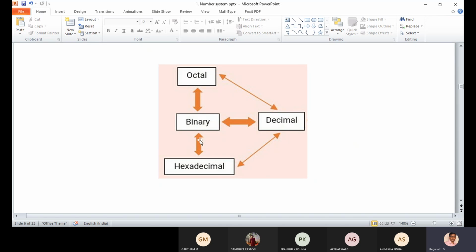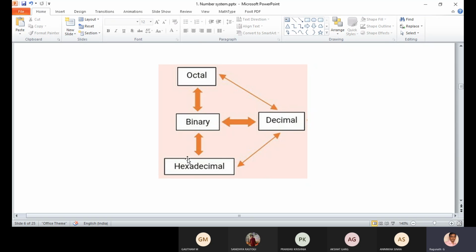And similarly, if I want to convert binary to hexadecimal, I can easily convert it. I don't want to go for the decimal. Suppose I want to convert decimal to hexadecimal. What do we do? First decimal to binary, then hexadecimal.